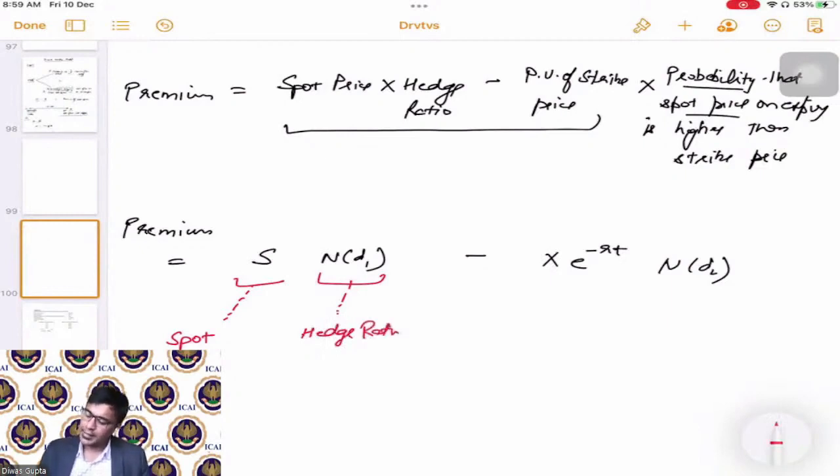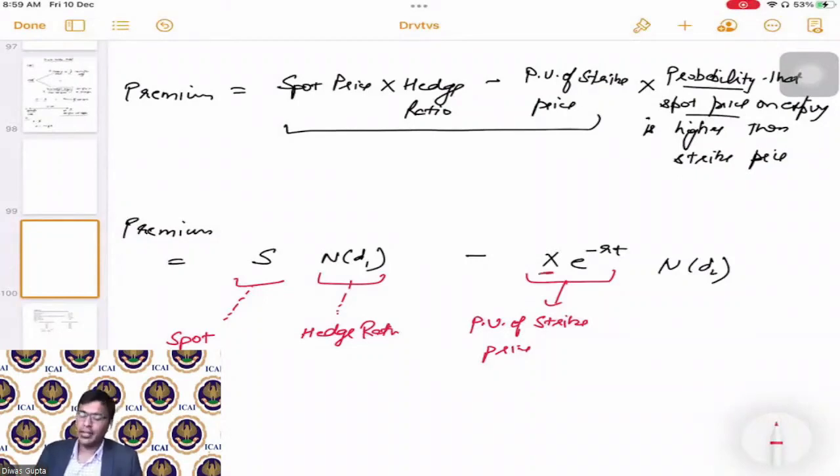Okay. This is present value of strike price. How is this a present value of strike price? Because X is the strike price itself. E raised to the power minus RT is bringing it from the future value to present value.